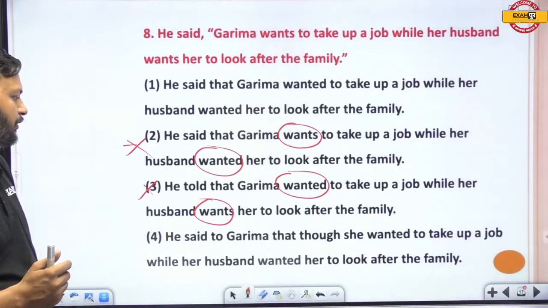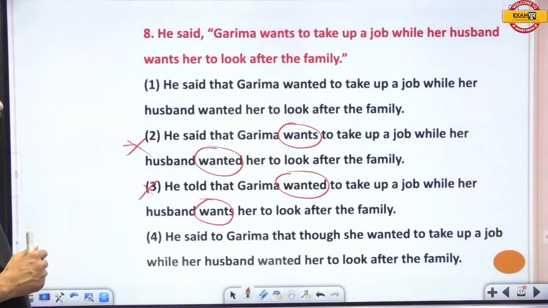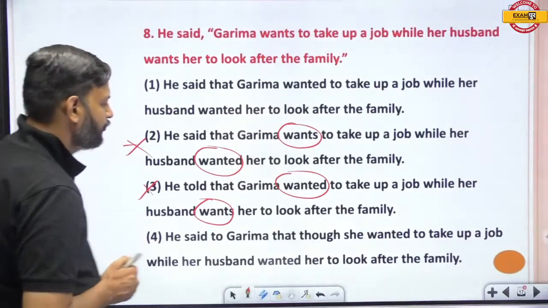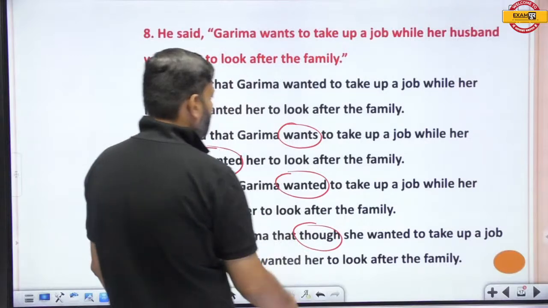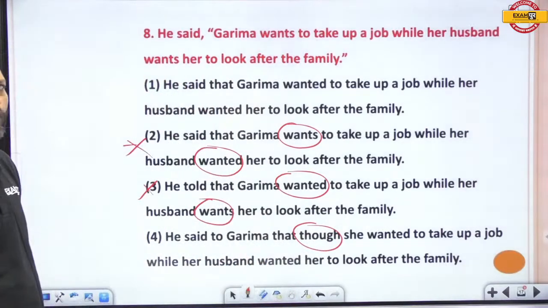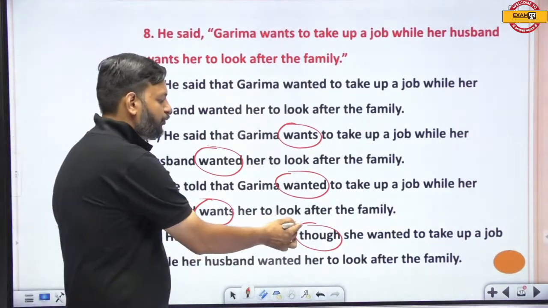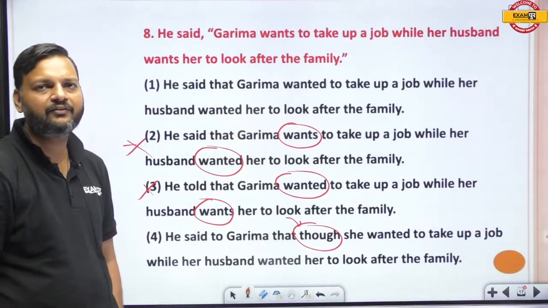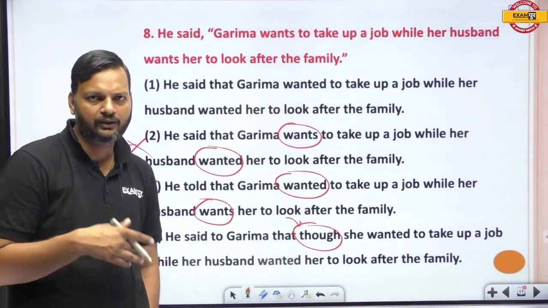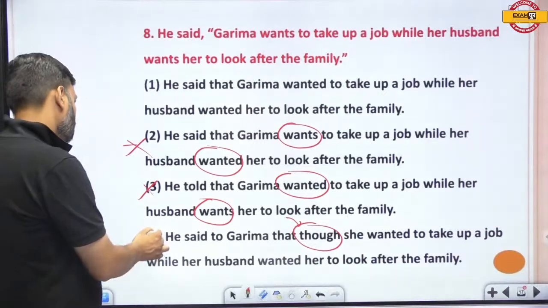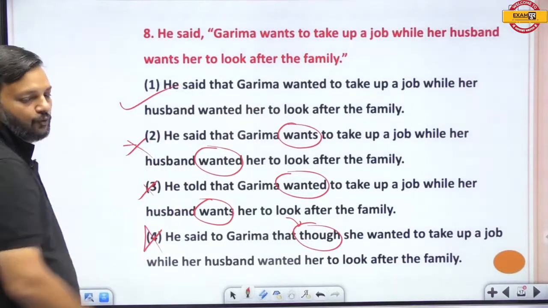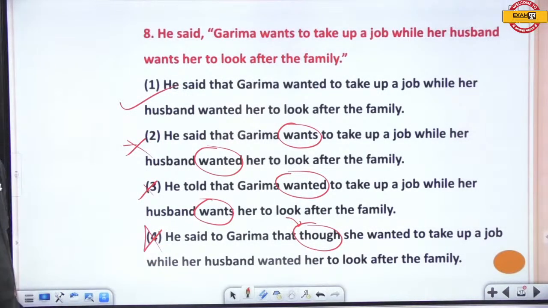And in the fourth sentence, he said to Garima that though she wanted to take up a job while her husband, so here the use of though is wrong. If though is not there in the direct sentence, how can you use it? This is superfluous. So this also cannot be the answer. The answer is 1.